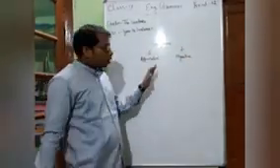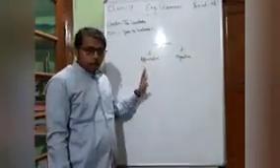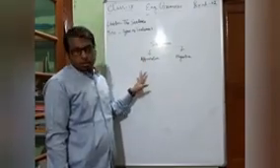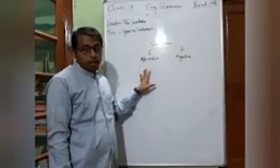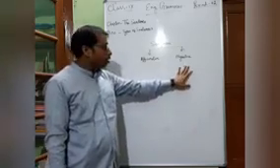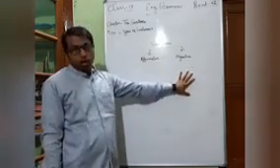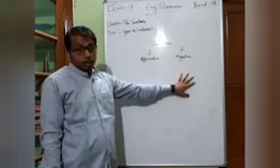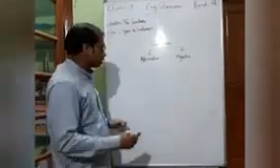So what is this? All those sentences which give us a positive statement, or where we don't have the use of no, never, or such kind of things, they are affirmative. And all those statements which use no, not, never, they are regarded as negative sentences. Let's see some examples.